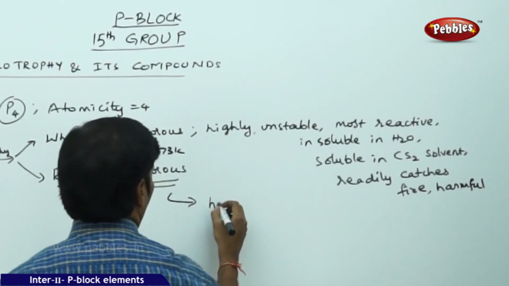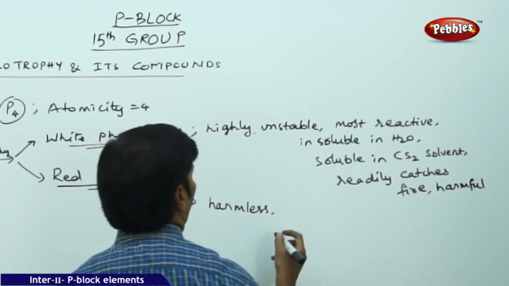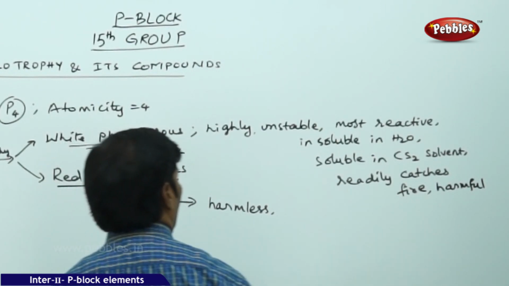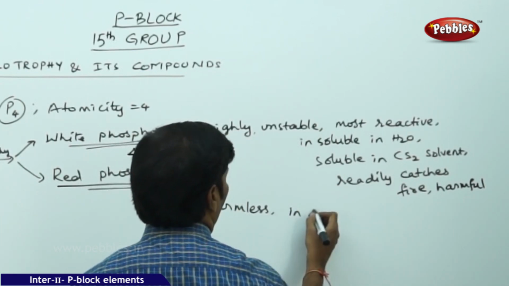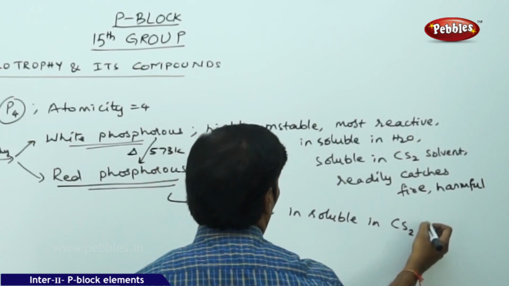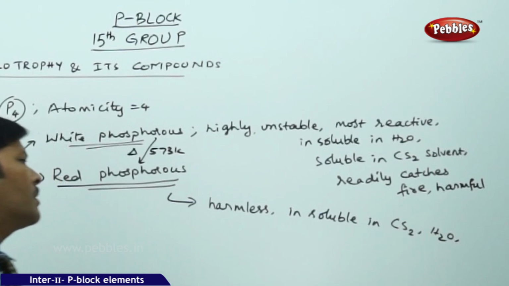Red phosphorus is harmless, and you find it is less reactive compared to white phosphorus. It is insoluble in carbon disulfide as well as water.